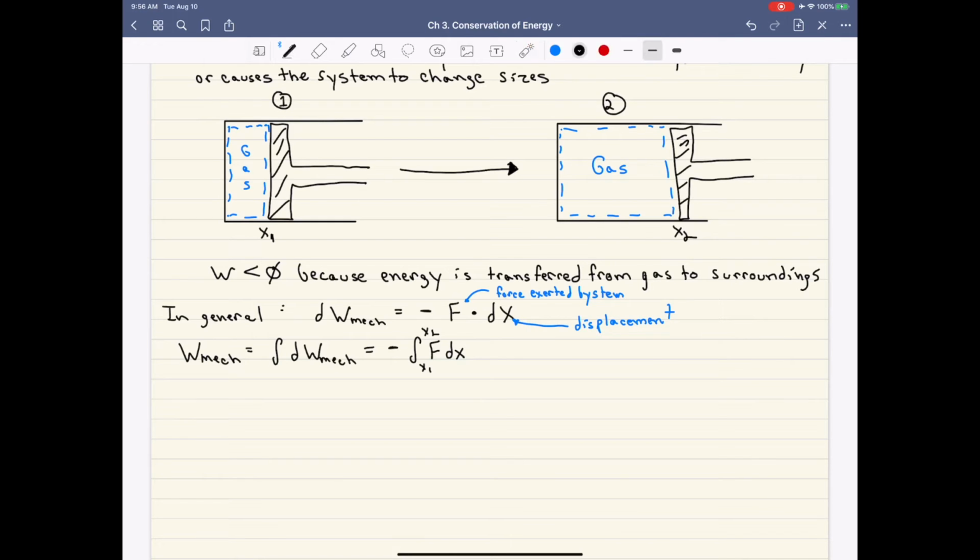Okay? Alright, and so as I said, in state 1 over here, the gas is idle and the piston is idle. Neither of them are moving. Alright?